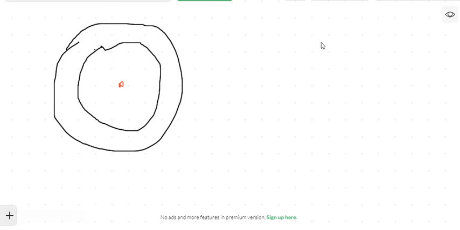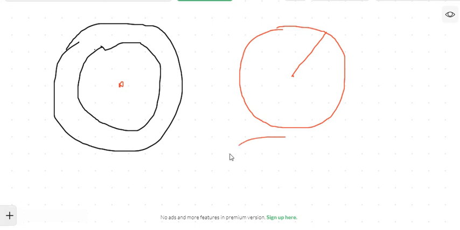And what is a congruent circle? Congruent circles are circles which are 100% the same, or we can say which have the same radius. If two circles have the same radius, they are called congruent circles. I don't have the space here, so let me draw over here.